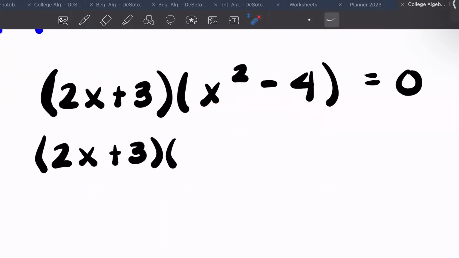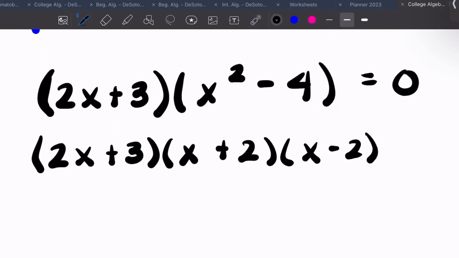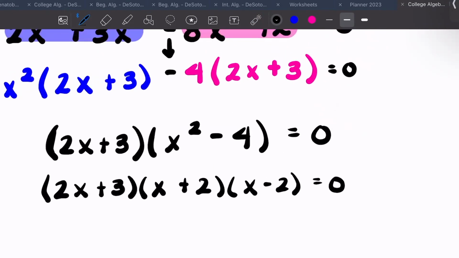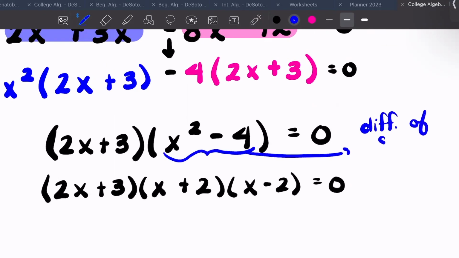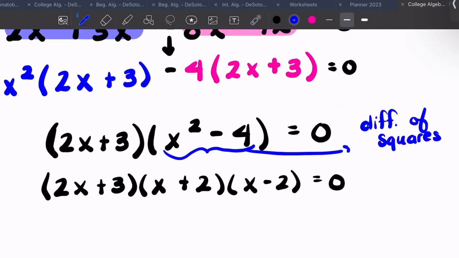X squared minus 4. So I can write this as x plus 2, x minus 2 equals 0, right? All I did was notice that this is the difference of squares. Okay, so now I'm going to take each set, set them equal to 0, and solve.